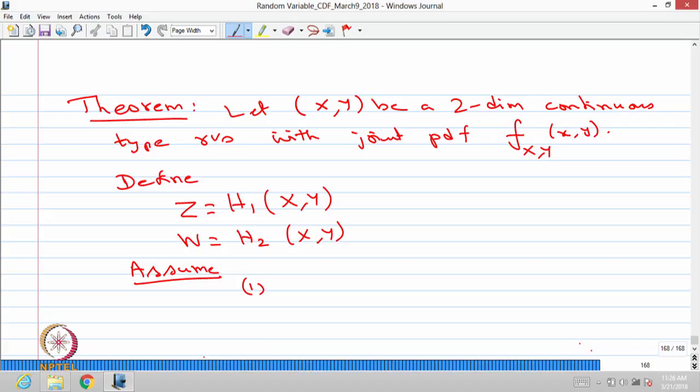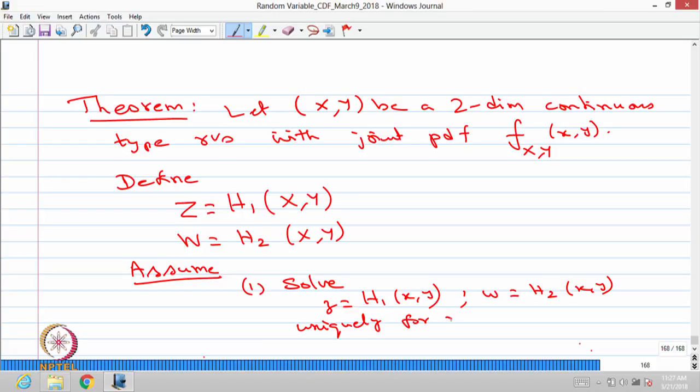The first assumption: I can solve z as a function of (x, y) and w as a function of (x, y). This equation can be solved uniquely for x and y in terms of z and w.